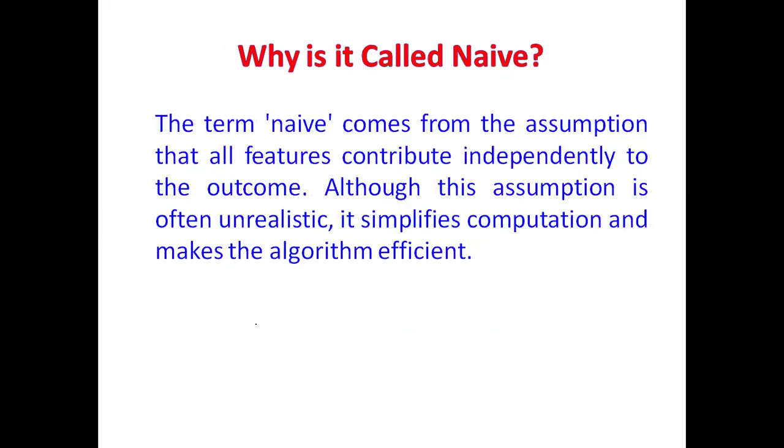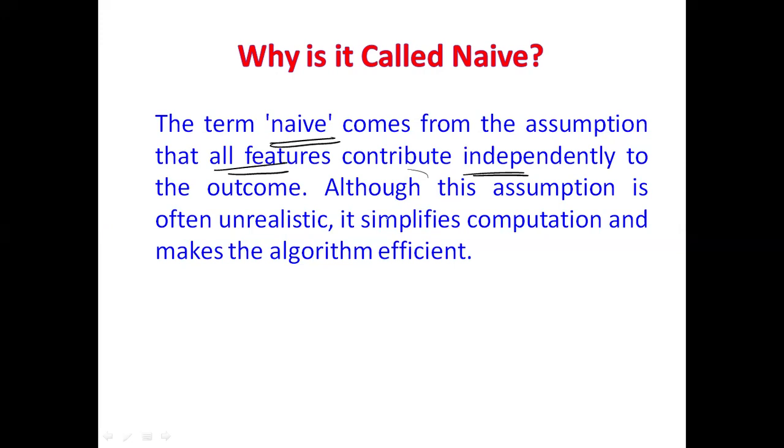And why are we calling this naive? Why is it called naive? The term naive stems from the strong assumption that all features are independent of each other given the class label. In real world scenarios, this assumption is often unrealistic because features usually have some degree of correlation.